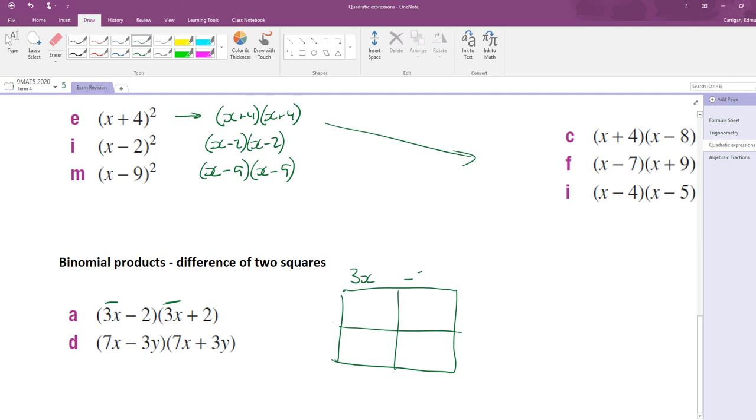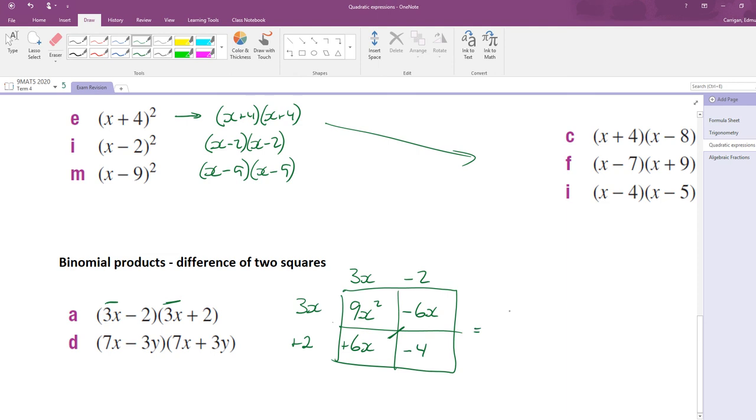3x minus 2, 3x plus 2, multiply them together. 3 times 3 is 9, x times x is x squared, minus 2 times 3 is minus 6x, 2 times 3 is 6, plus 6x, and then 2 times minus 2 is minus 4.